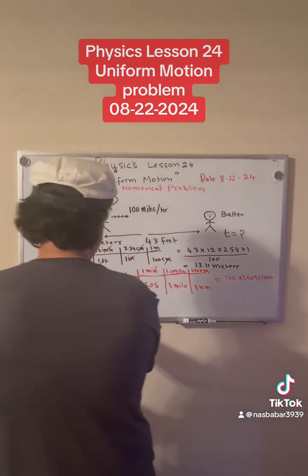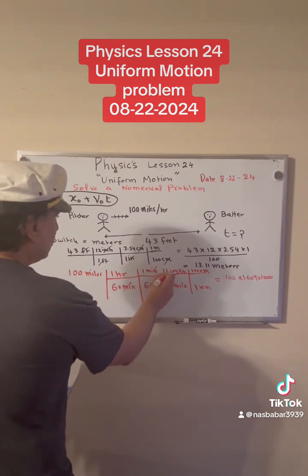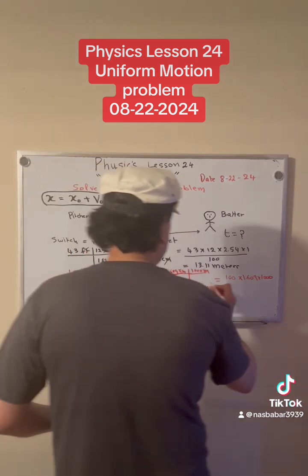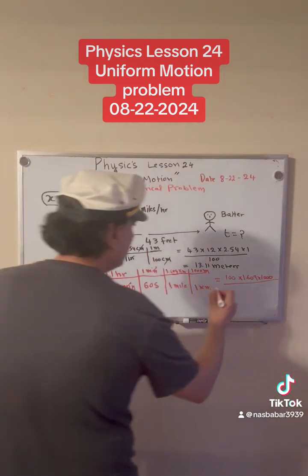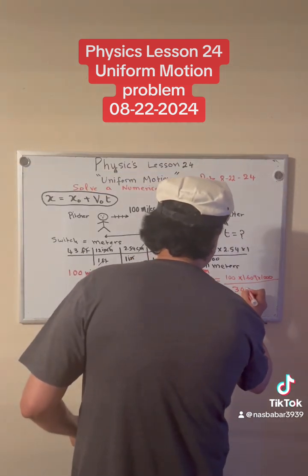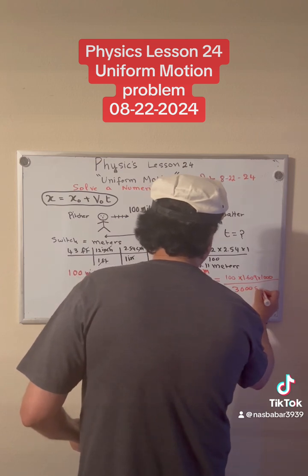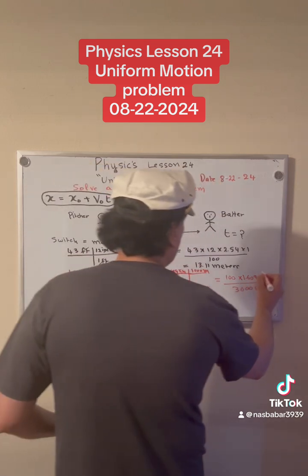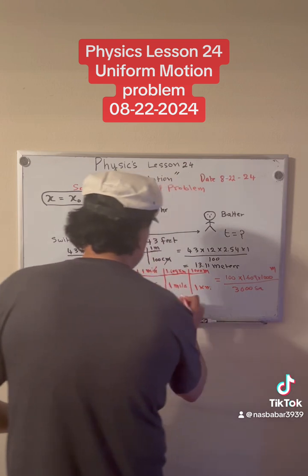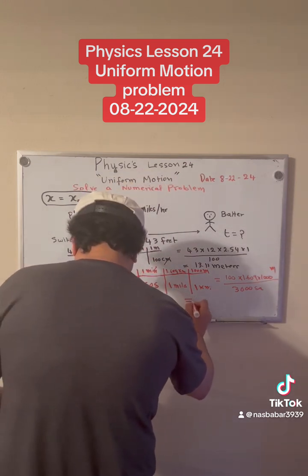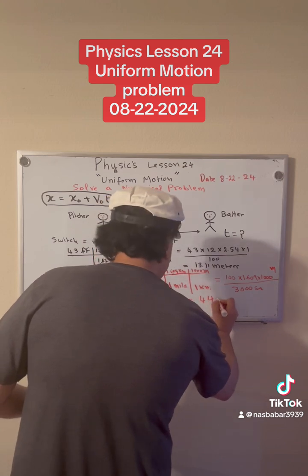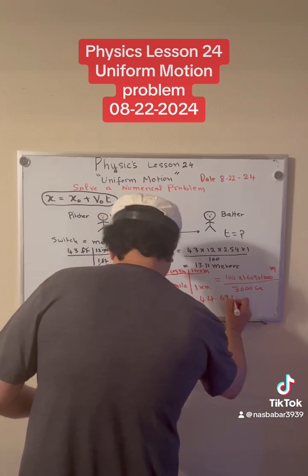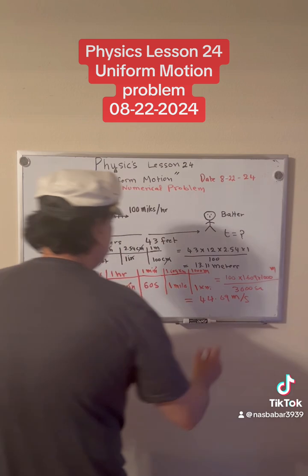All right. 100 times 1.609 times 1,000, and you divide the whole thing by 60 times 60 is 3,600. 3,600. And this is seconds right here. All right. And on the top is your meters. The answer you will get is 44.69 meters per second. There you go.